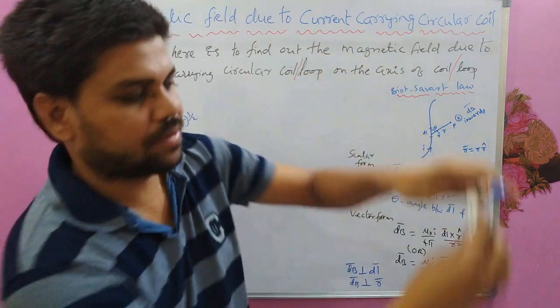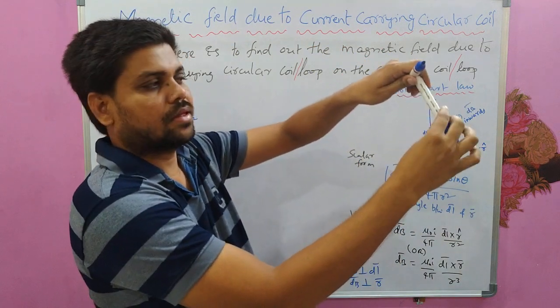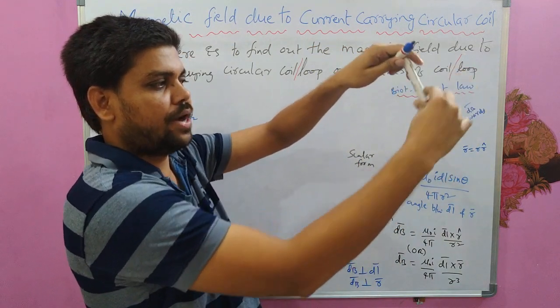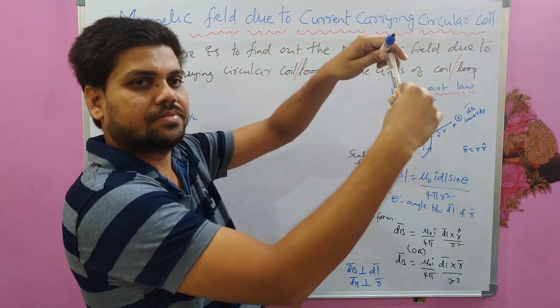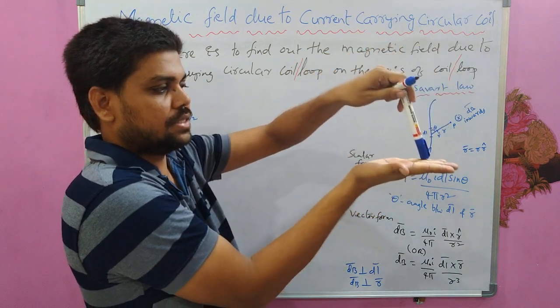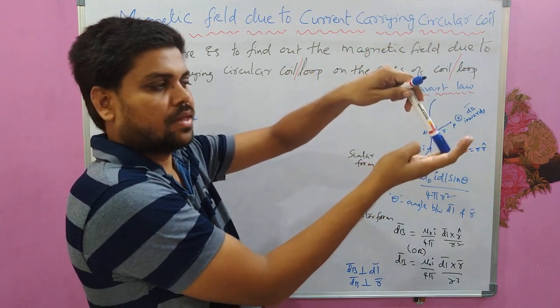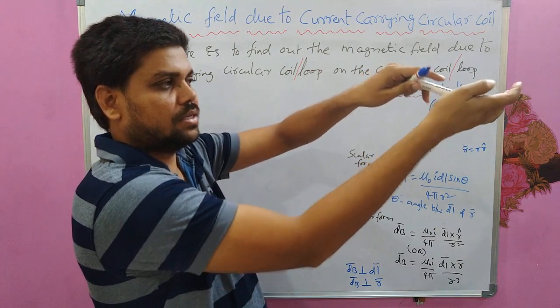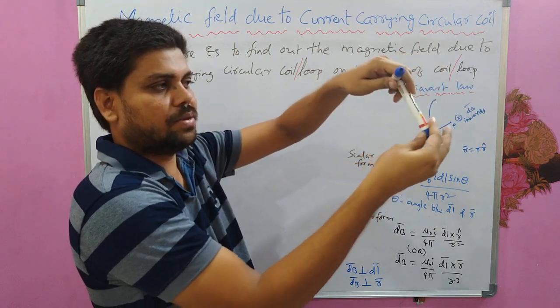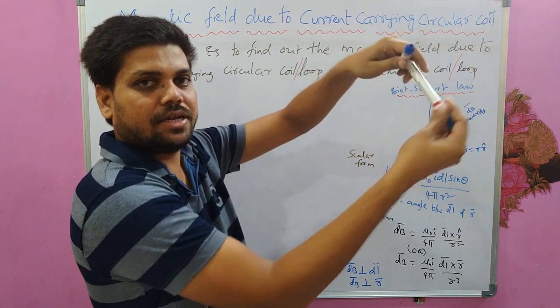It is just like here. Wherever the point P lies on the axis, because this is the axis, the angle between DL and R is going to be 90 degrees everywhere.